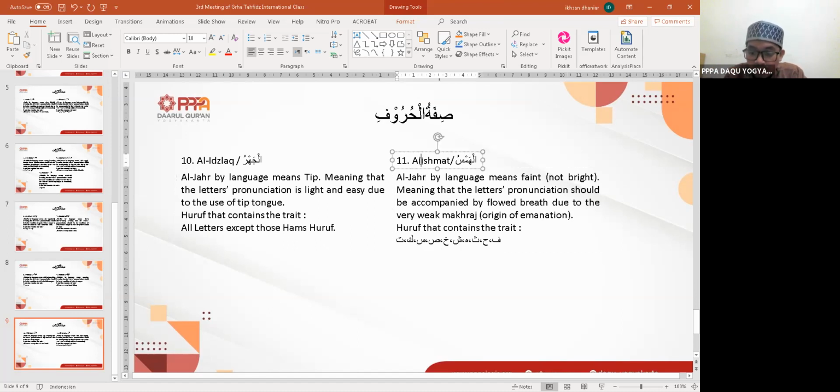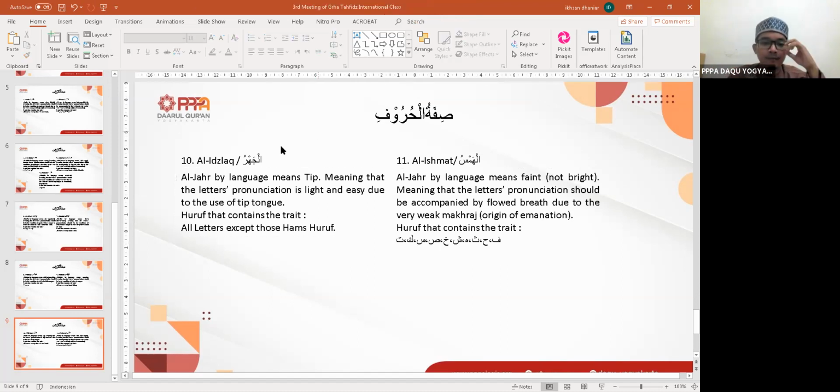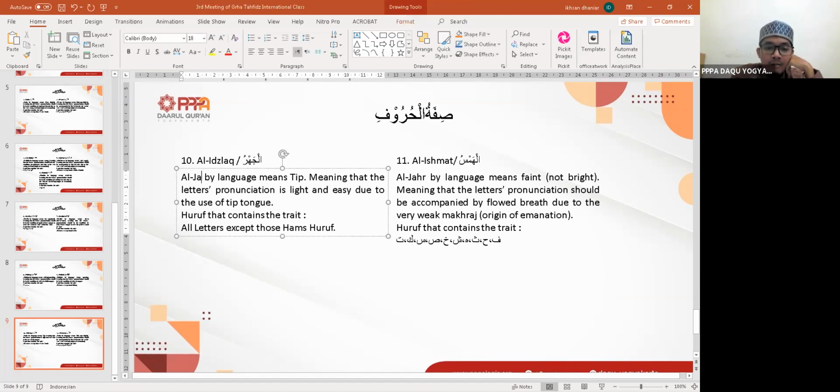Al-ismat. So, al-izlaq. Al-izlaq by language means tip. We had a discussion about tip tongue and tip throat in the previous meeting, meaning that the letter's pronunciation is light and easy due to the use of the tip of the tongue.